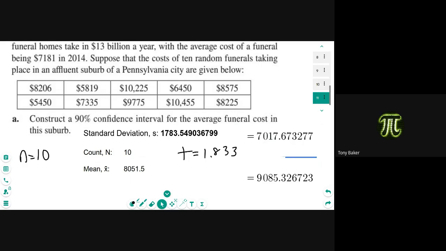Can you make the claim that the costs of funerals in this affluent suburb are more expensive than the national average? Why?